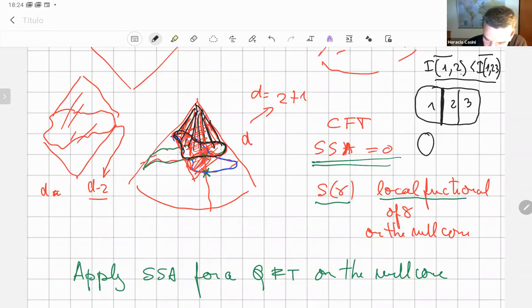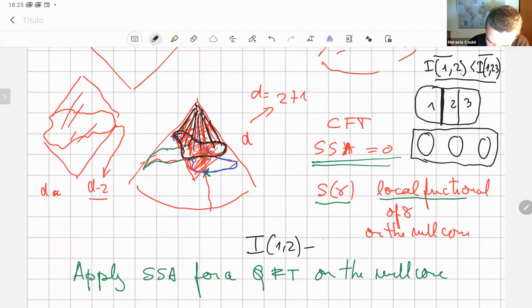If you do that for 3 balls, then monotonicity of mutual information is between finite things. But here, even with strong subadditivity, the difference of mutual information 1, 2 minus mutual information 1, 2, 3 can be finite, while these two things are divergent. So this is a problem in the sense that we would like to understand how to put these things in terms of relative entropy better, or something like that.